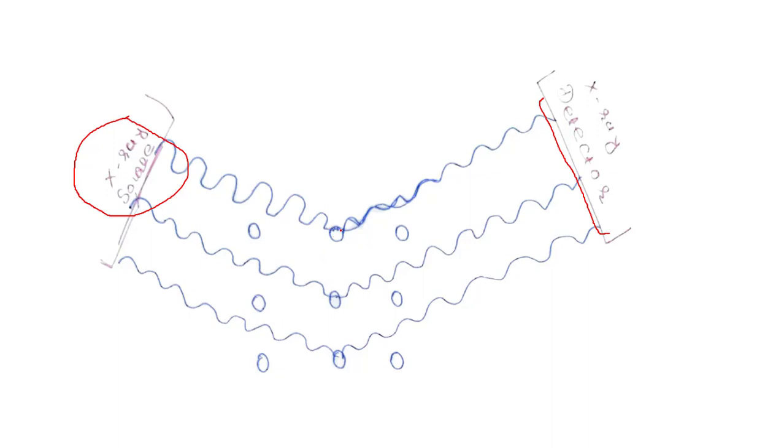So if X-rays are diffracted from a particular position of atoms, we receive it on the X-ray detector.